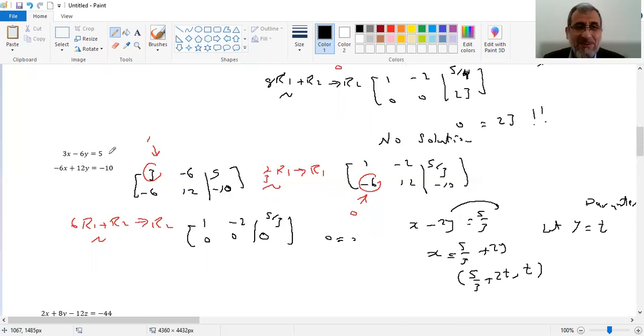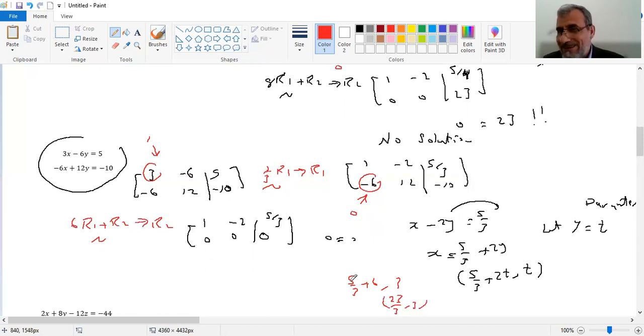Replace t to get a solution to this equation. You can check; you can take t equal to 0, 1, 3, any number. For example, let us choose t equal to 3. Then we have 5 over 3 plus 6, which is 23 over 3, so the solution is 23 over 3 and 3.